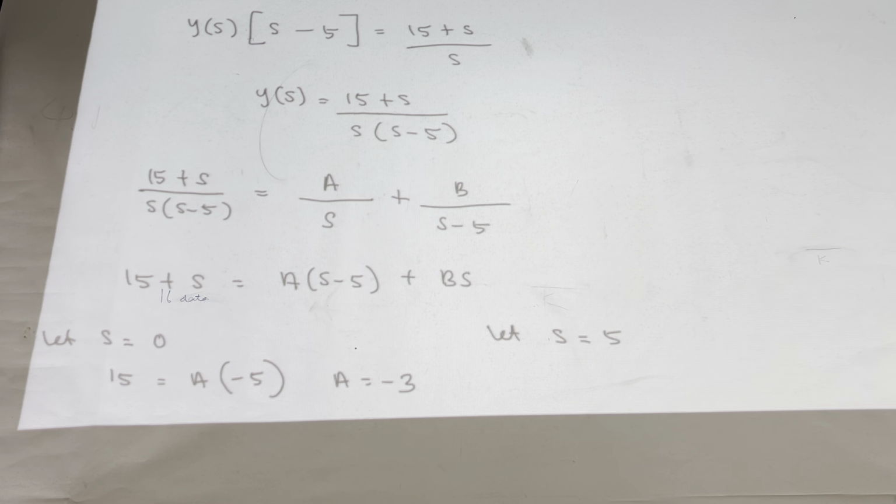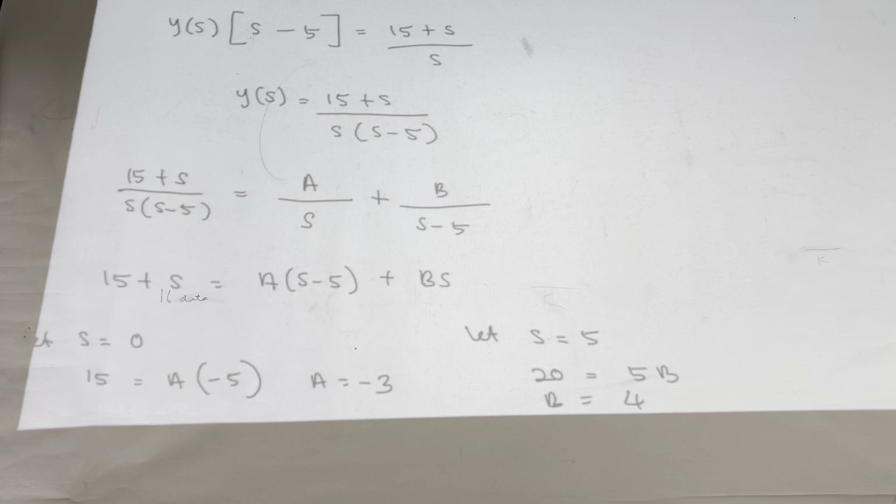So what is B? 4. Okay, B is 4. 20 divided by 5, 4. So this one, Y(s) is minus 3 over s plus 4 over (s minus 5).